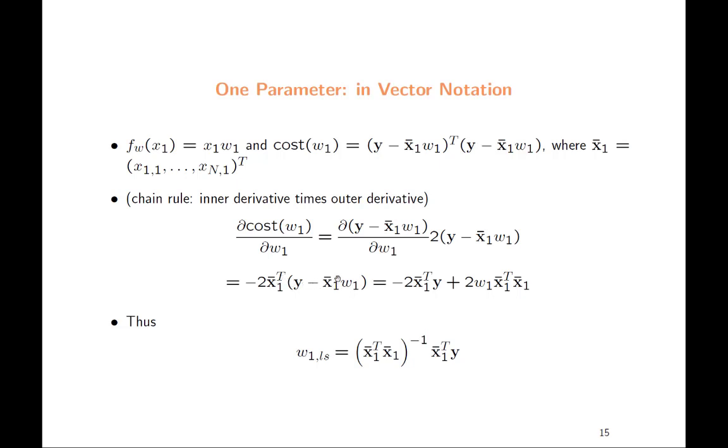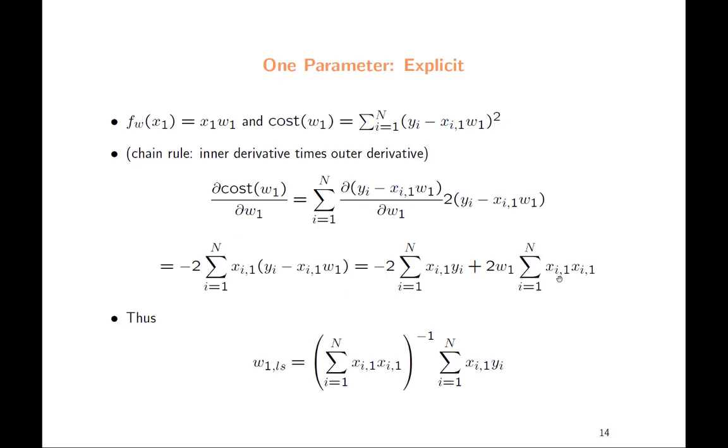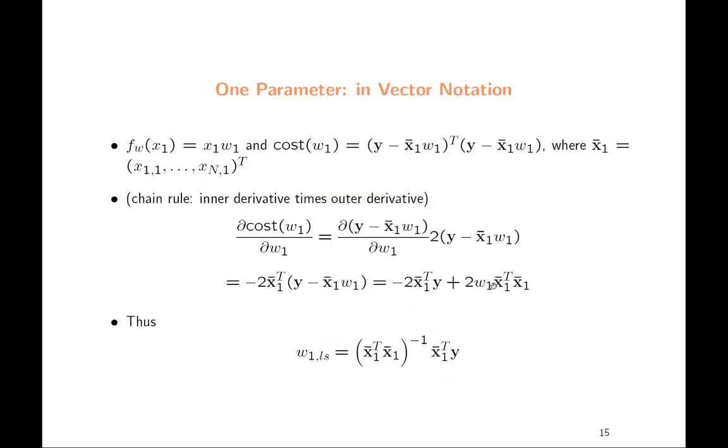And we always played this trick. So now we have an inner product of the inputs transposed times the targets y, plus 2 times w times the inner product of this vector with itself. So it's exactly the same formula as this formula, just written in a form which is an inner product, so the sum disappears.